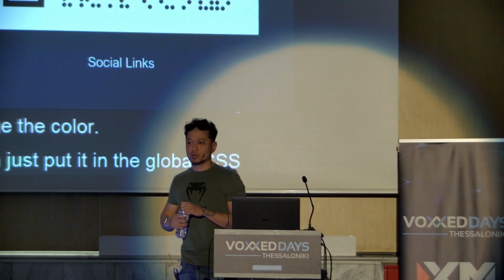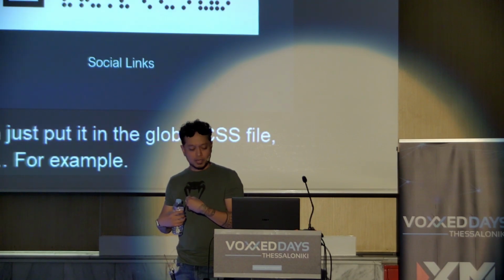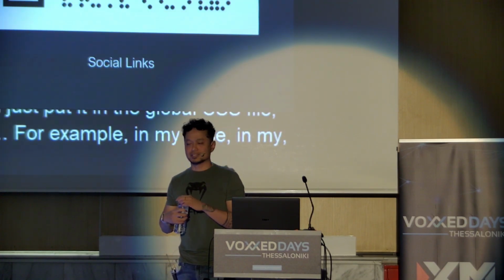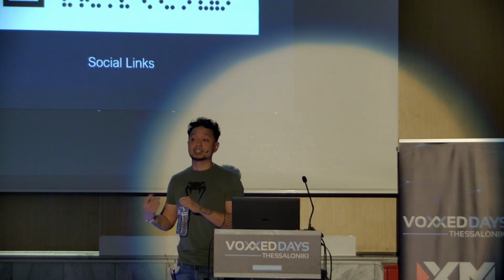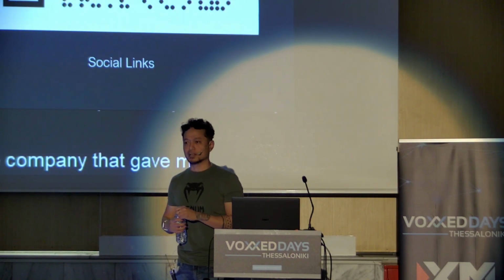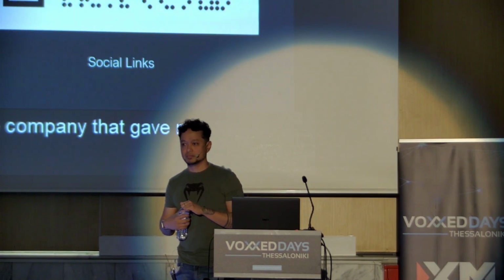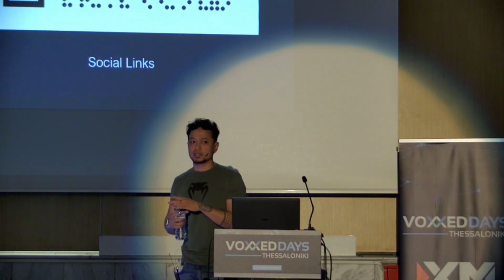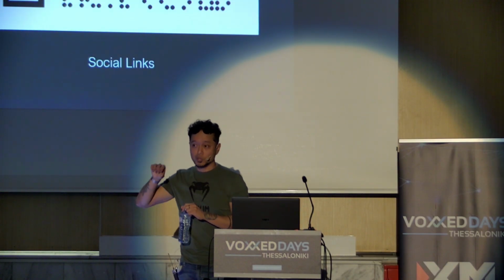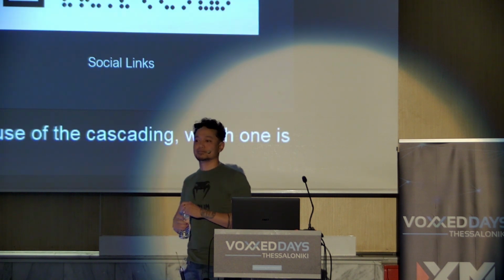And it doesn't require you to write a lot. For example, in my project, it's just less than 900 lines of CSS customization, because of the design system that the company gave me. So it's not a lot. It's still readable, yeah. Thanks. Yeah. And again, it reduces the bugs because of the cascading, which one has the highest priority in specificity.